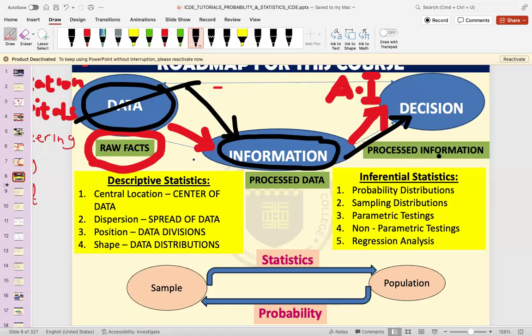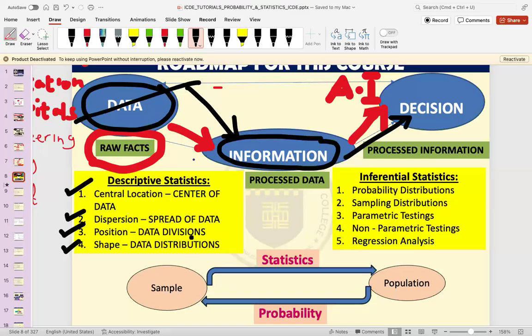Some of the tools that are going to help us to understand this in probability and statistics are the ones that are in the yellow region. So we'll learn more about a concept called central location, followed by dispersion, position, and shape.